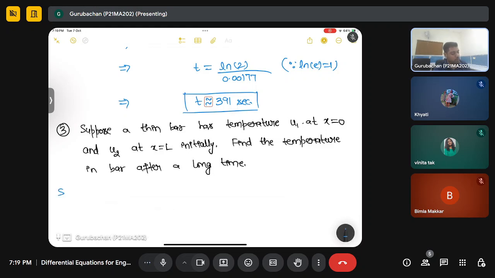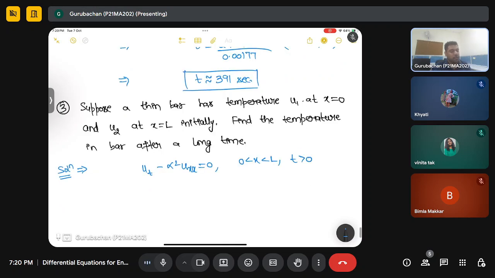So we have given, they are talking about some kind of heat transfer. So if you write it, ut minus alpha square uxx is 0, and the length of this bar is 0 to L, sorry.